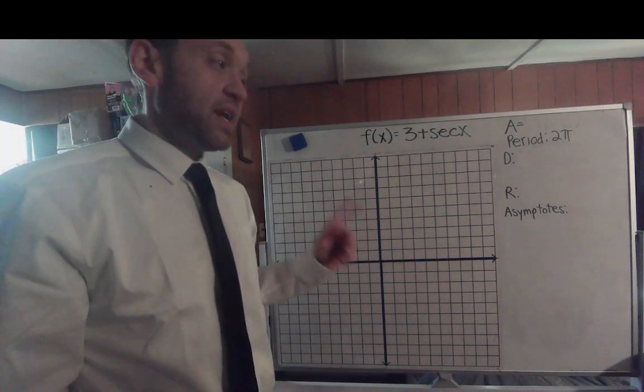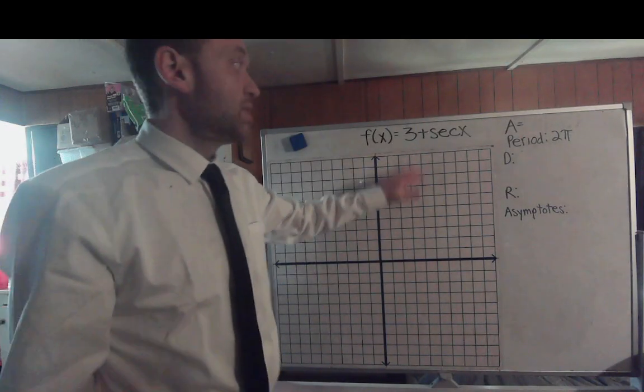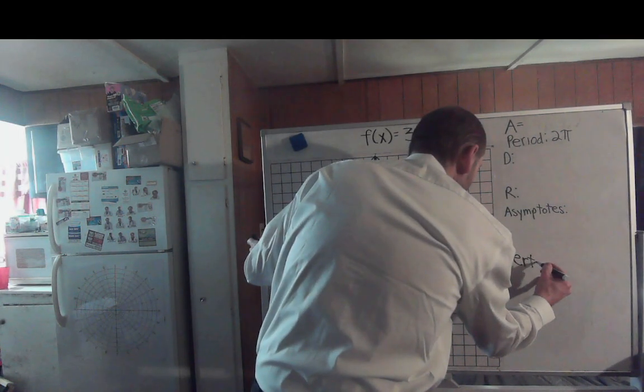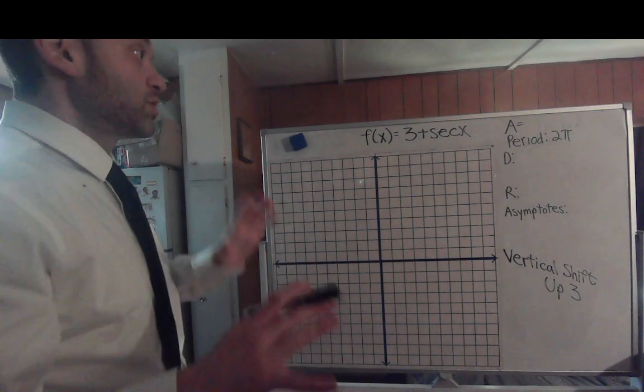If you see that, that means it's a vertical shift up or down. In this case, we have a vertical shift up 3 units. Okay, so there's your vertical shift.